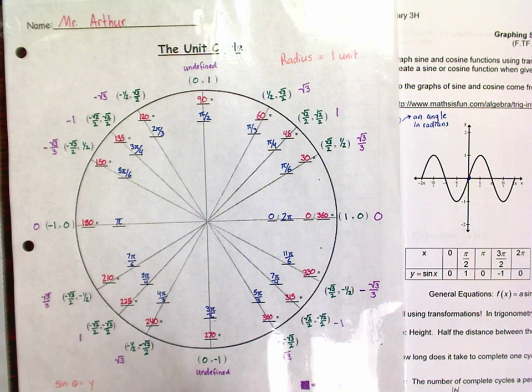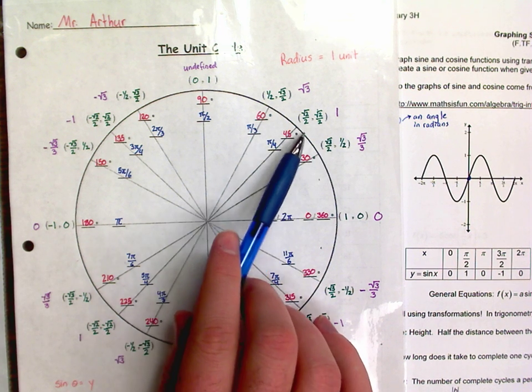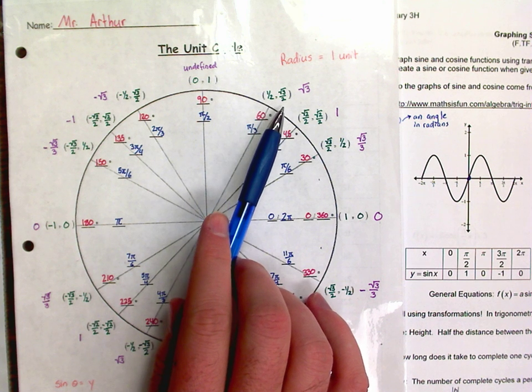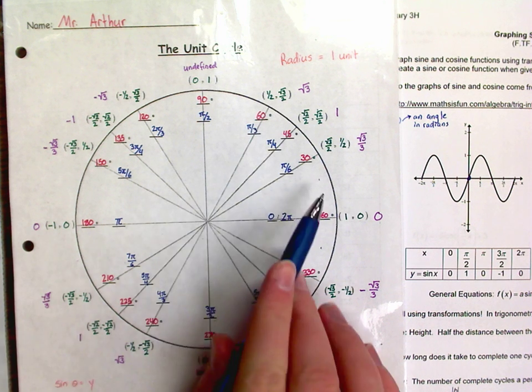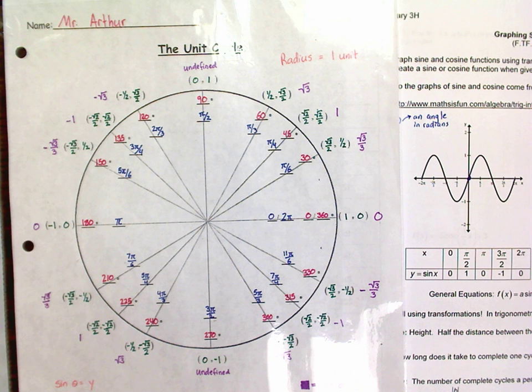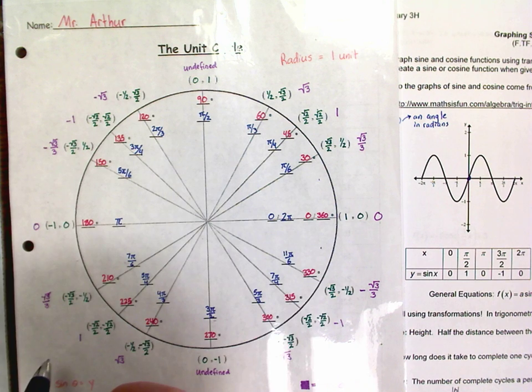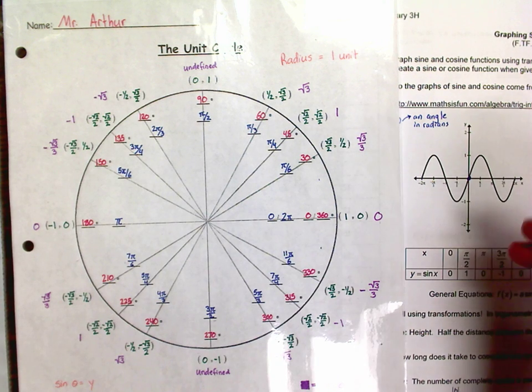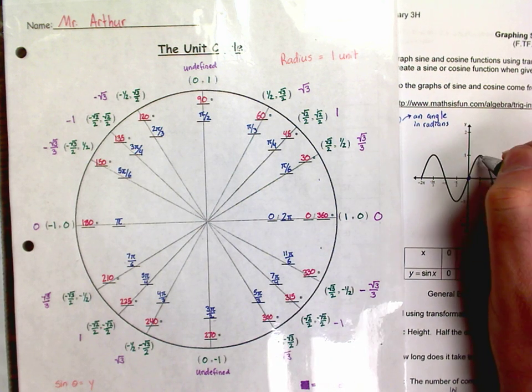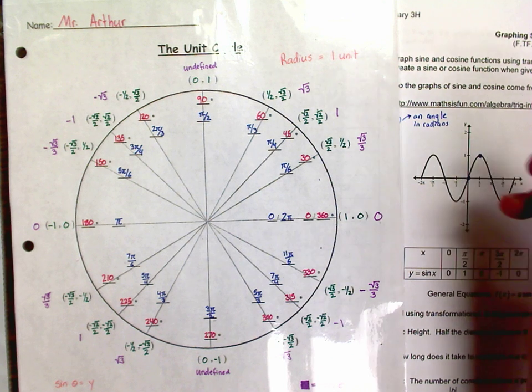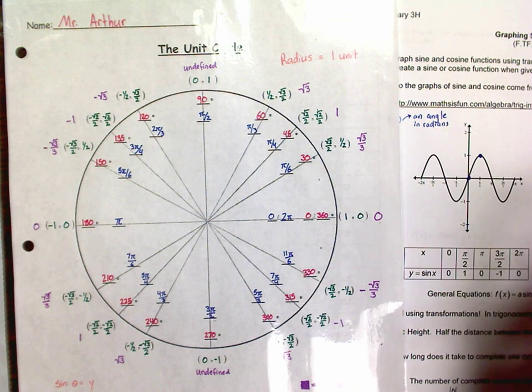Okay, then we're going to the next easiest one, because, I mean, by hand, how are you going to graph some of these values? Root 3 over 2, root 2 over 2. I mean, maybe you get 1/2, but that's not super helpful. So let's go to pi over 2, where my sine value is now 1. So over here on the x-axis, I'm going to pi over 2, and there's a point up here at pi over 2 comma 1.